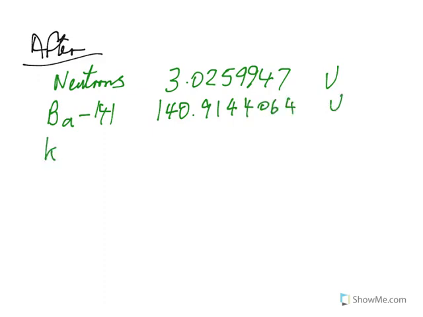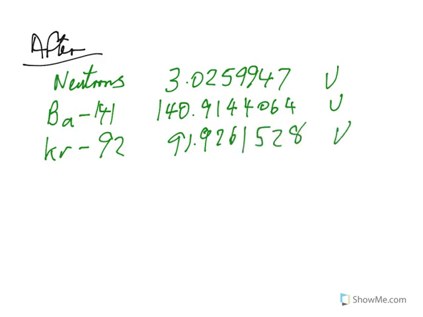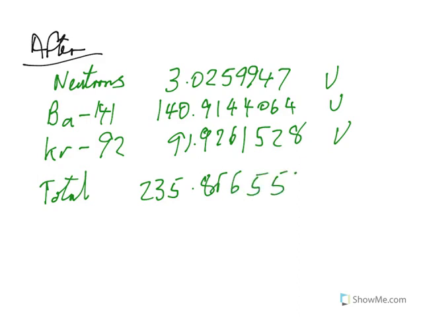We've got the krypton-92, which is 91.9261528 atomic mass units, and so that gives us a total of 235.86655539 atomic mass units.